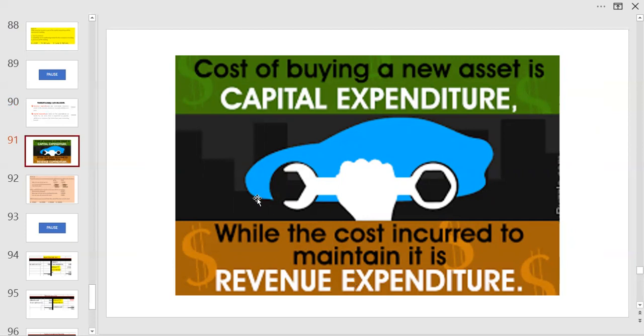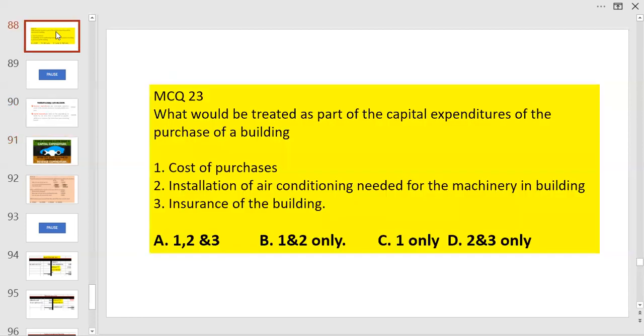Now let us look at the question, where they say cost of purchase of a building. That means the building is a fairly long-term asset, may go into several years. Therefore, obviously, this is a capital expenditure. The next one is installation of air conditioning needed for the machinery in the building.